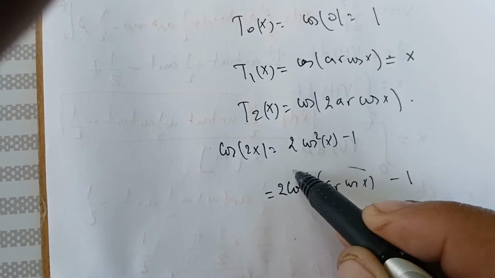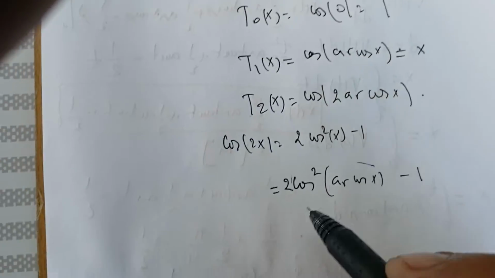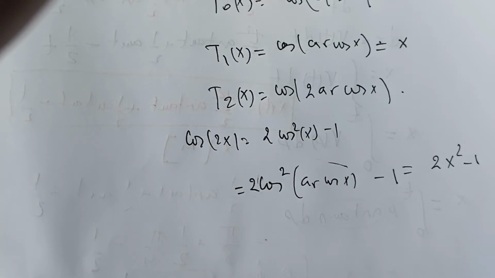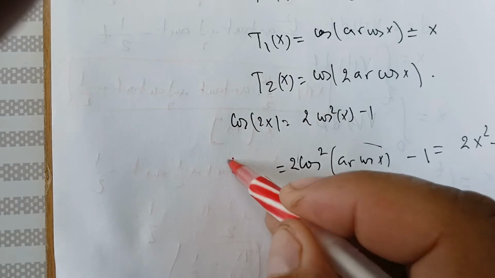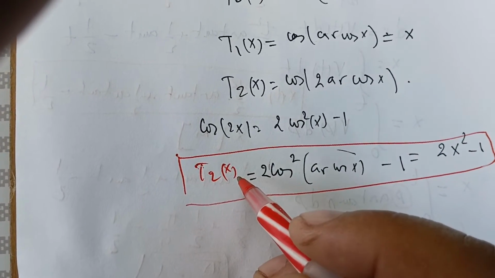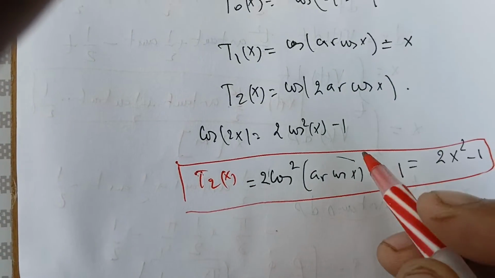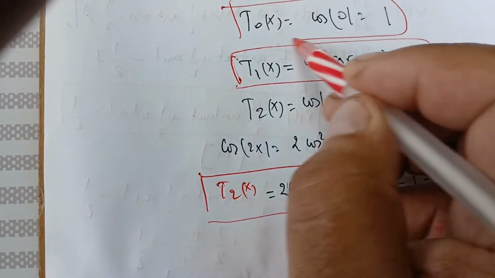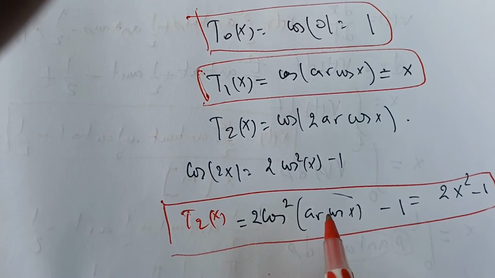And we know this is just x. So we have 2x squared minus 1. Therefore, the order 2 polynomial is 2x squared minus 1, the first one is x, and the 0th one is just the constant polynomial 1.